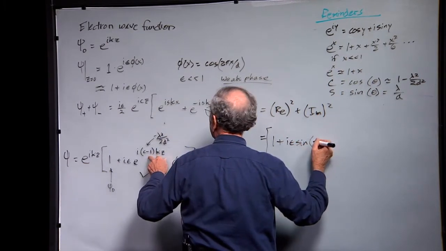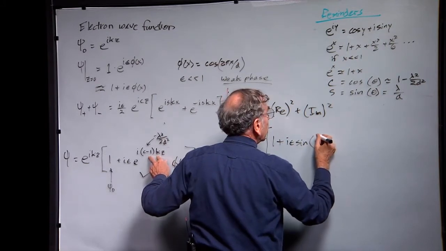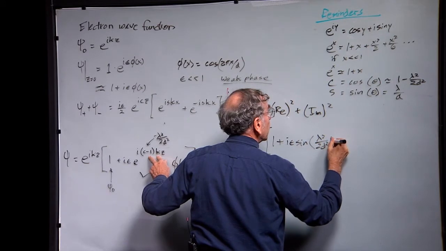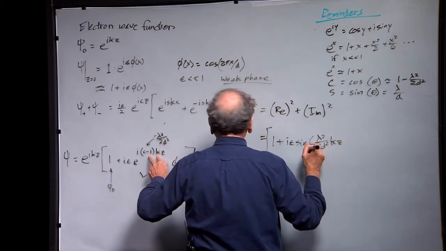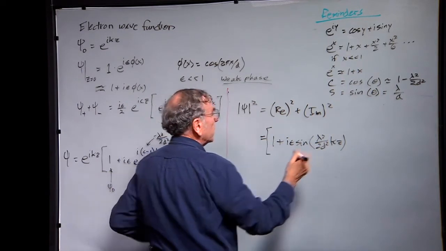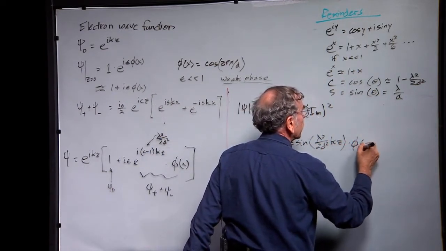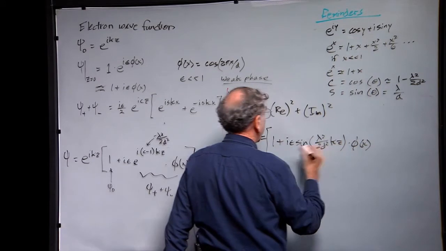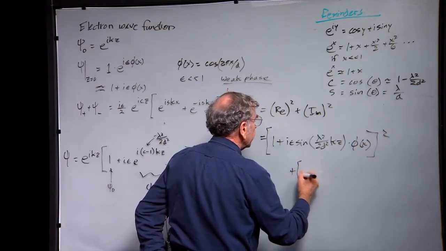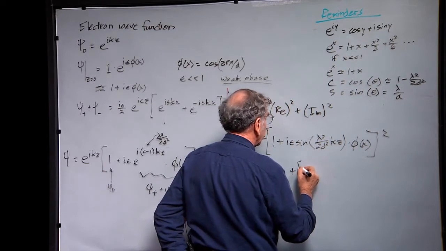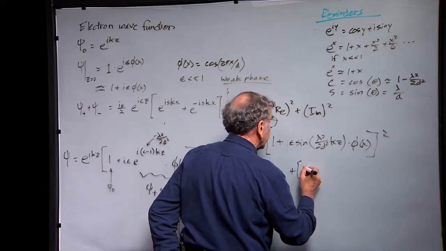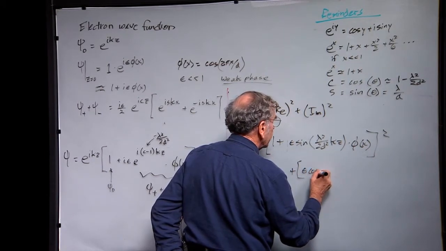So this is sine of lambda squared over 2d squared times kz. And that's all multiplied by phi of x. That's the real part. And the imaginary part is really similar, except that it is a cosine function.